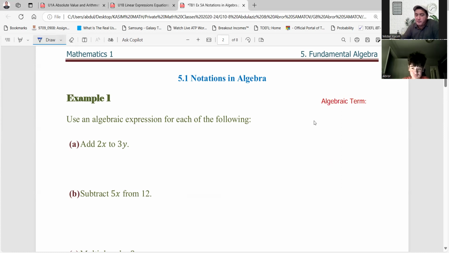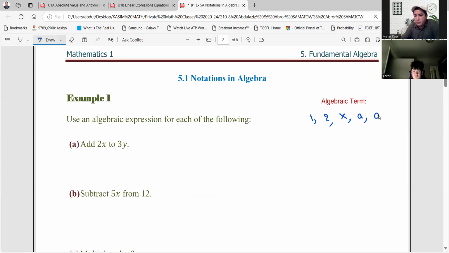For example, 1 is an algebraic term, but it's a number, we call this a constant term. 2, or x, or a times b, or 3 times x, or 3 times x times y squared, or 1 over 2 x. Okay, these are algebraic terms.